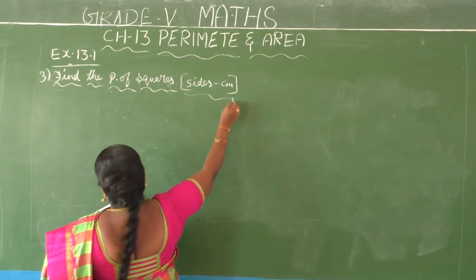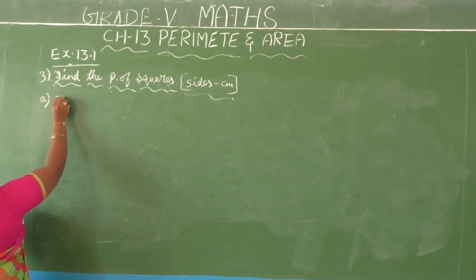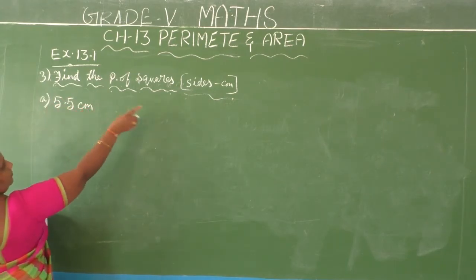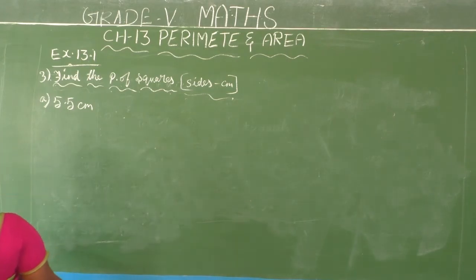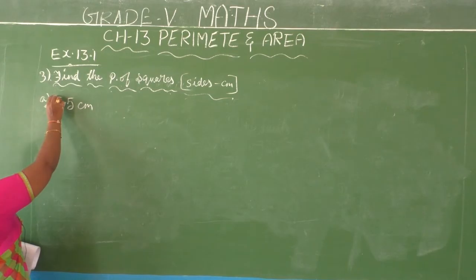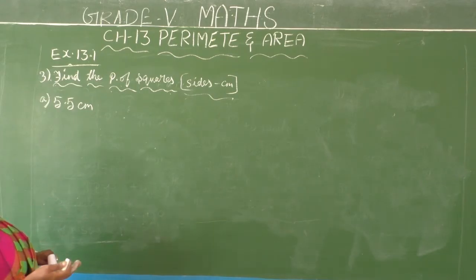Okay, see the first one. In the first sum they gave just 5.5, which means you have to use centimeter: 5.5 centimeter. In the previous 2 Romans they gave the picture, but in the third Roman they gave just the measurement. We have to use the formula and find the perimeter.